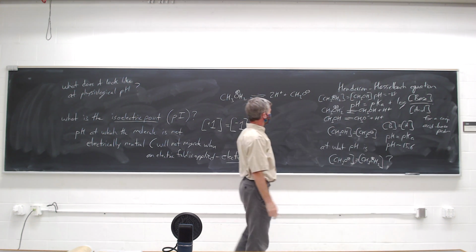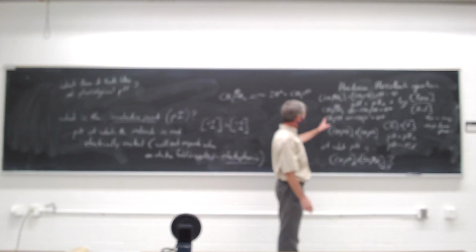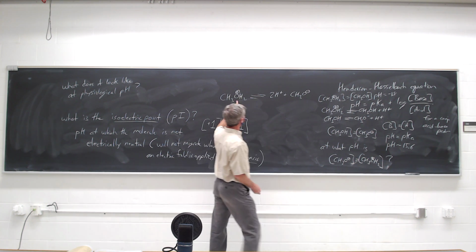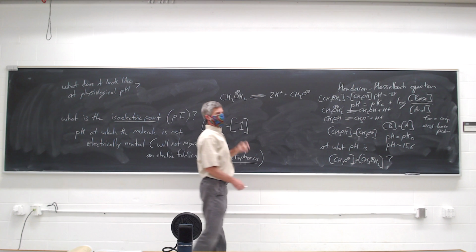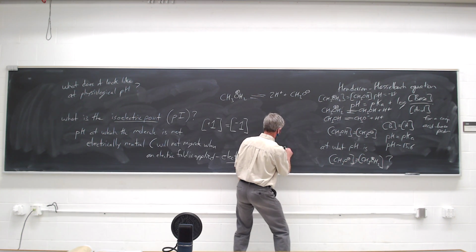So at a pH of minus 1.8, those two concentrations are equal. At a pH of 15.6, those two concentrations are equal. But what we want to know is when those two concentrations are equal. And those are not a conjugate acid-base pair, and that makes it a little bit more difficult.